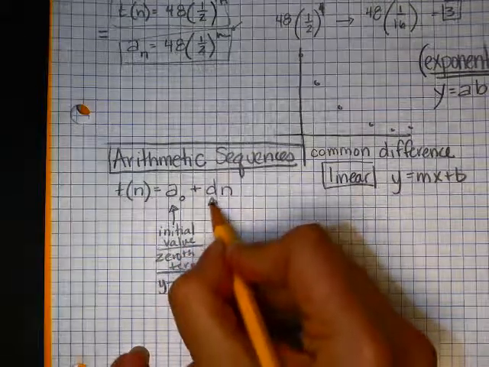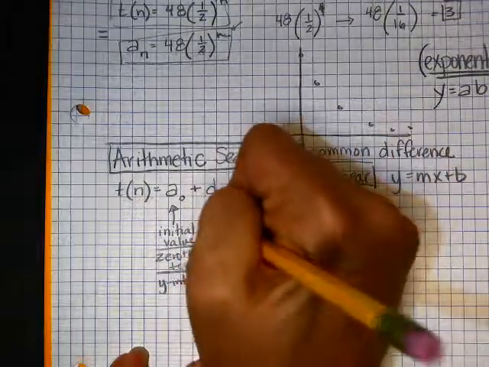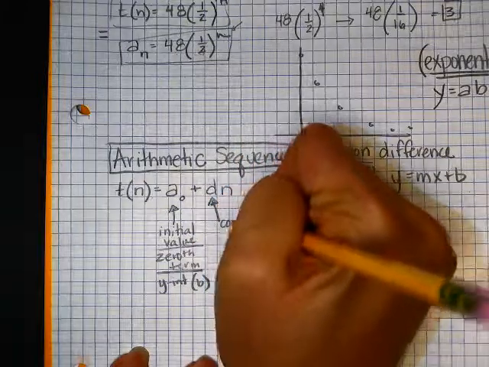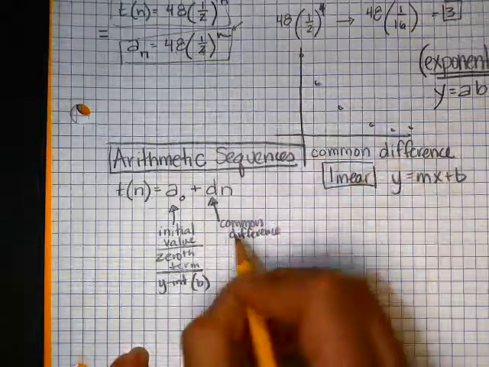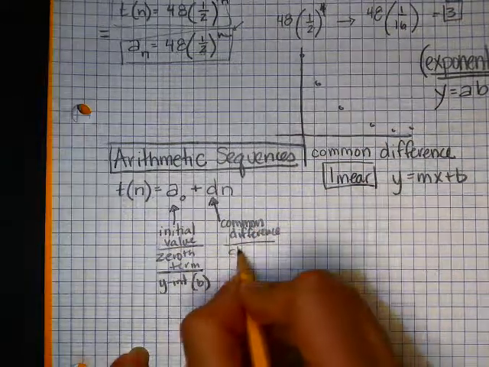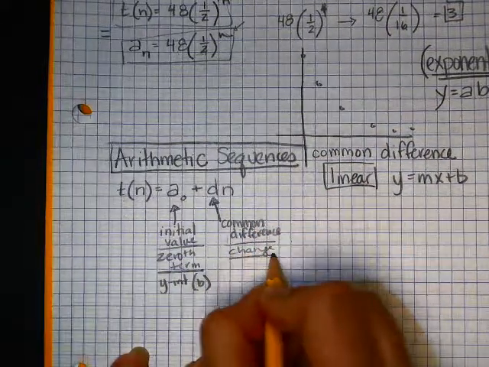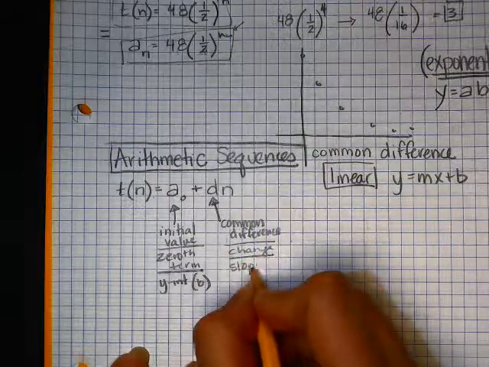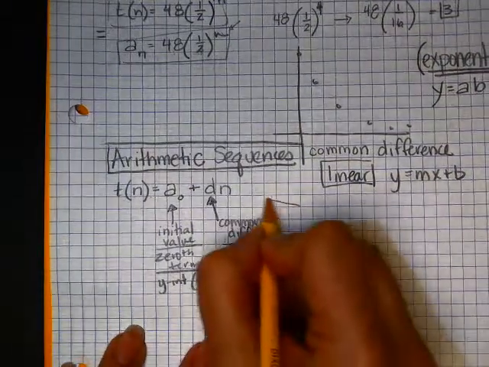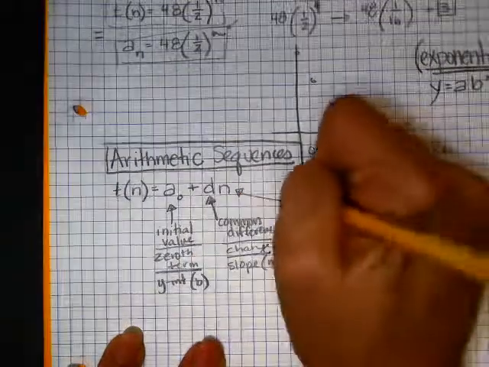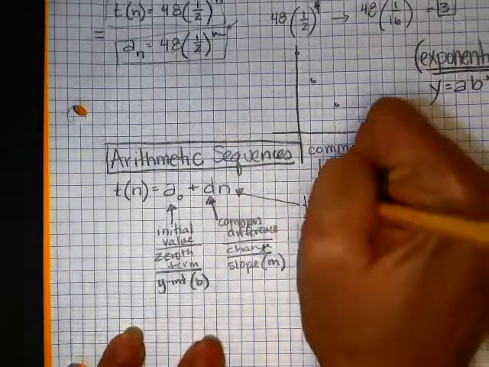This little dude right here is our common difference, or our change, or our slope, which is old school m. And then this guy here is our term number.